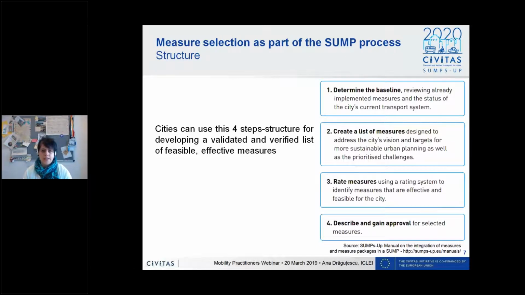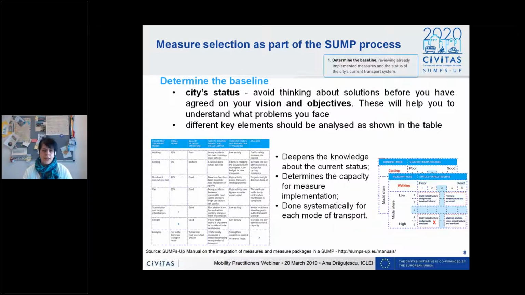So we need to understand what other measures have been implemented and how we can better connect our SUMP to what's already been implemented. We have to create the list of measures designed to address the city's vision and targets, as I said before, to rate the measures and proceed to obtaining approval for the selected measures.